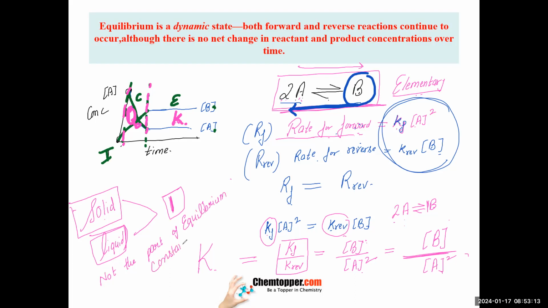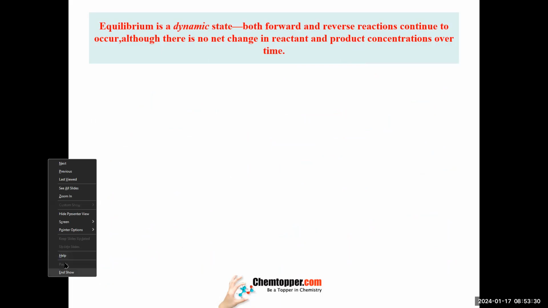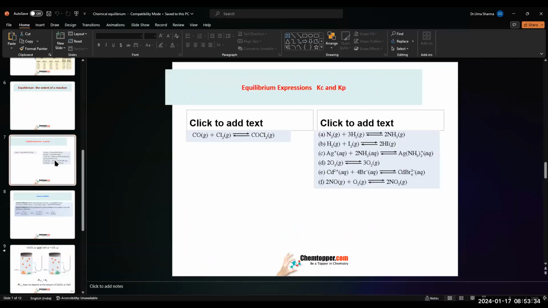So before we leave this class, can we practice writing the equilibrium constant value for some reactions? Let me see. Because we are left with less time, I would like to take you through writing the equilibrium constant for some reactions.